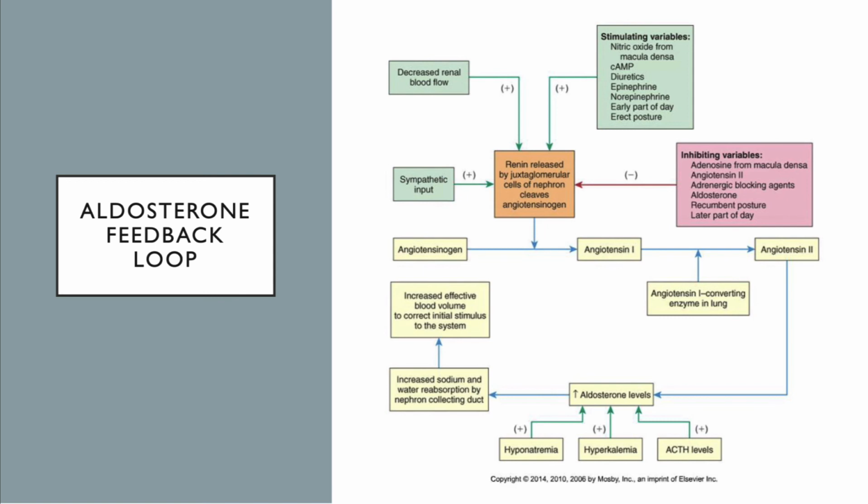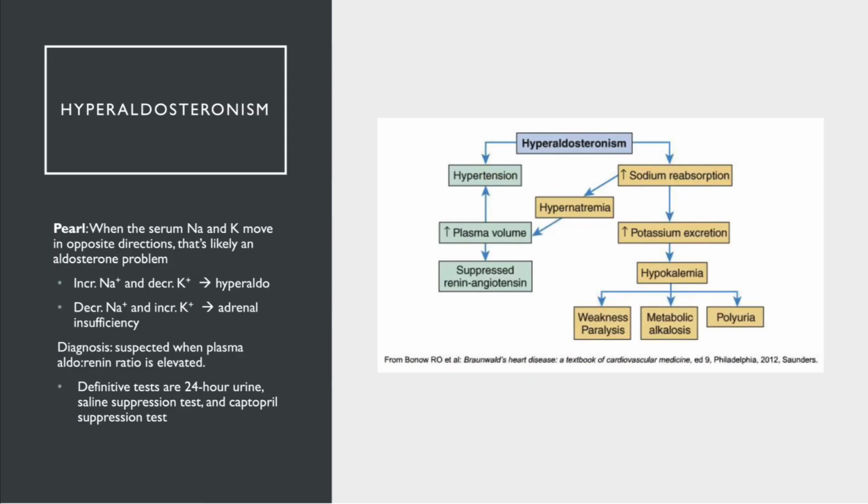So when we have this problem, it has to be identified. And the way to identify hyperaldo or any aldosterone problems is to look at potassium in relation to the sodium. When we see an increased sodium level and a decreased potassium level, that should give you the suspicion of hyperaldosteronism.